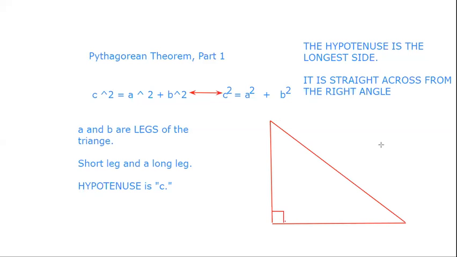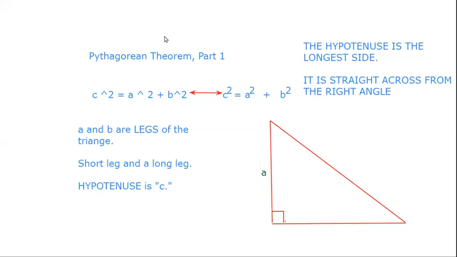Now, we need to label A, B, and C. So it doesn't matter if you label the long leg or the short leg as A or B, just as long as you know that these are the legs, the A and the B.